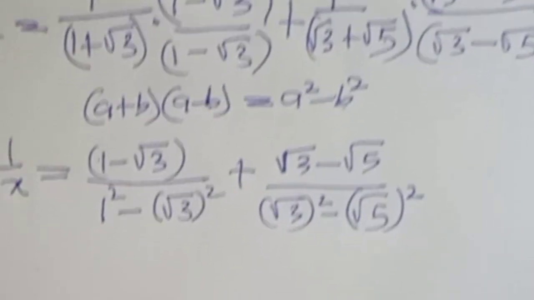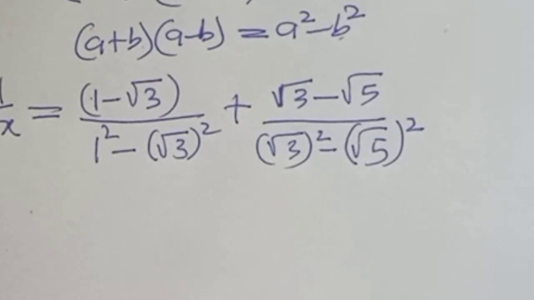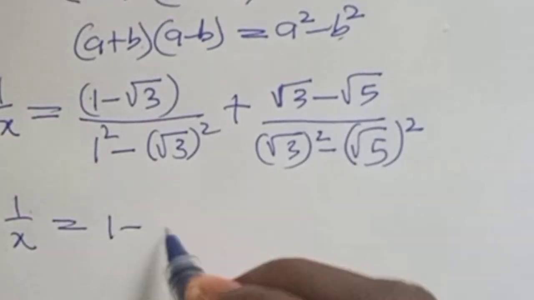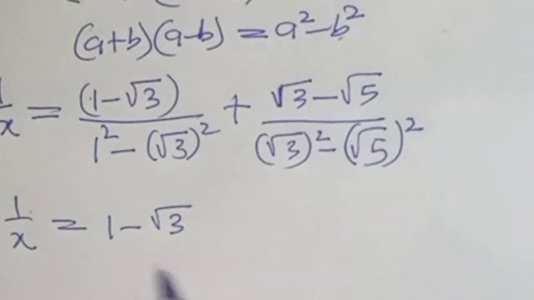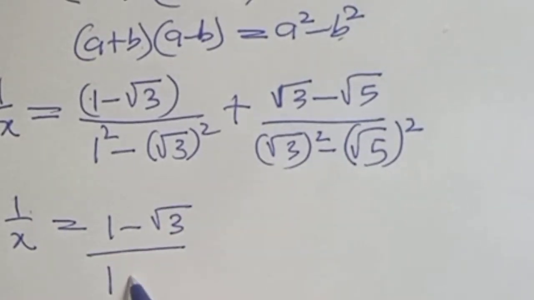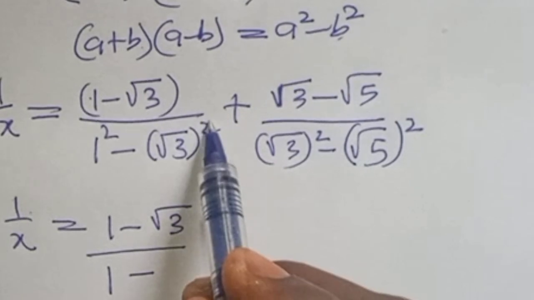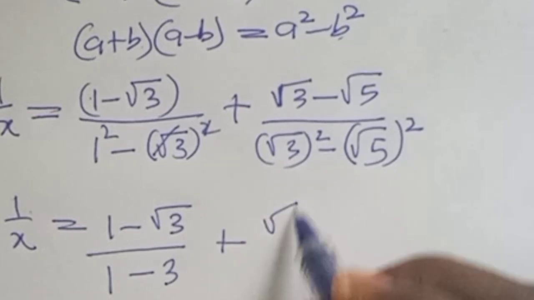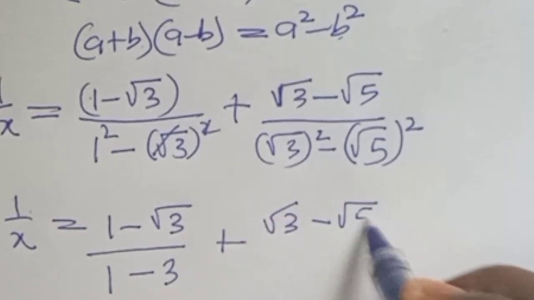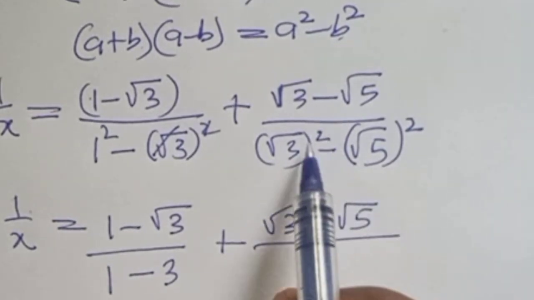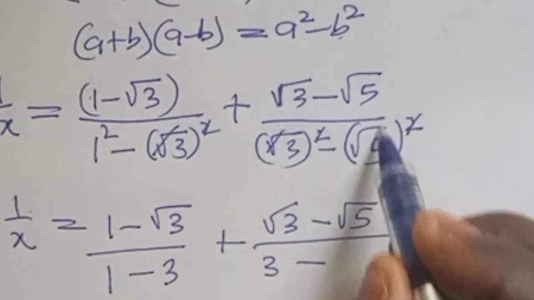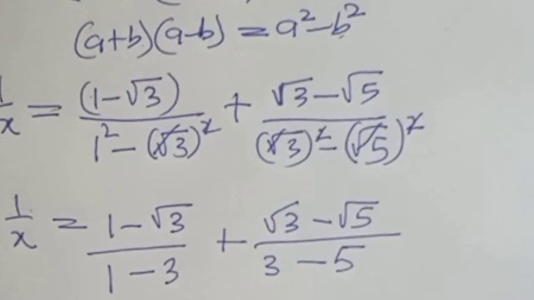All right, so the next line, 1 over s will become 1 minus square root of 3 all over 1 minus, here the square root will allow us to cancel out the square, so we have 3 left, plus square root of 3 minus square root of 5 all over, the square will allow us to cancel the square root also, we have 3 minus, here the same, minus 5.